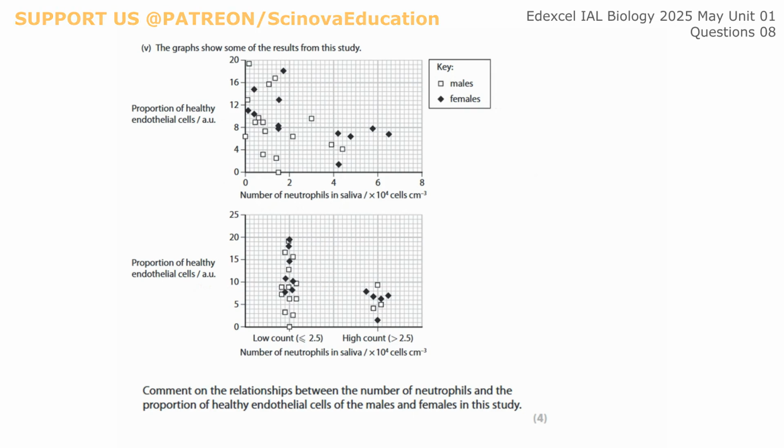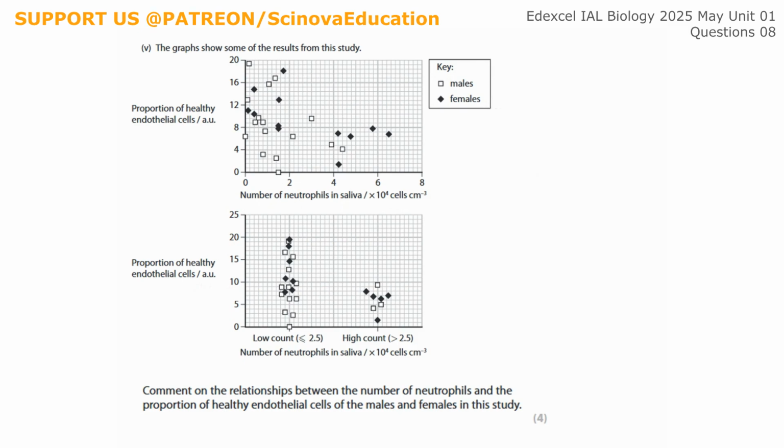The graph shows some of the results from this study. The study has produced these results, and you can see it's very much unclear. Initially, you might get panicked, but if you look carefully, it has been made easy for you.